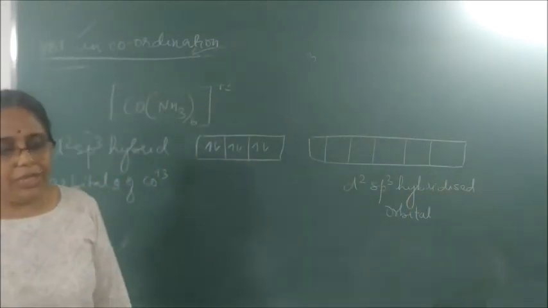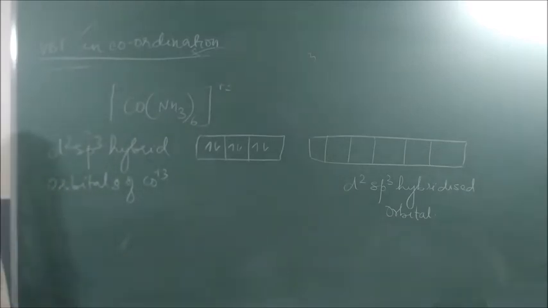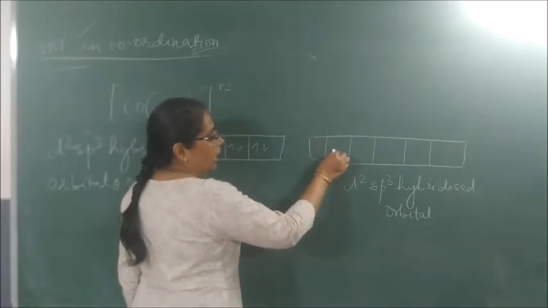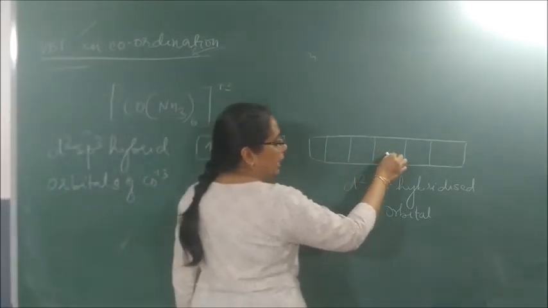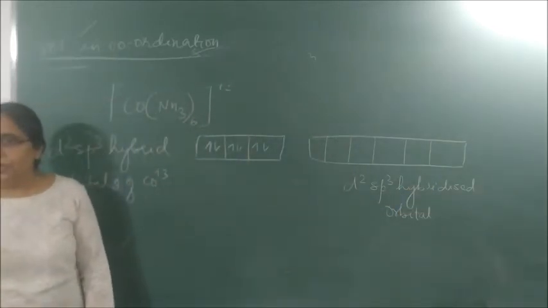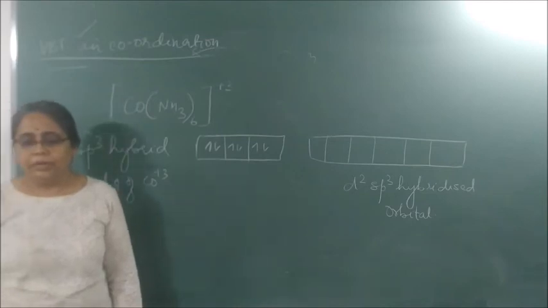We have taken out these two of d, this is one s, and these are 3p orbitals, forming d2sp3 hybridized orbital.